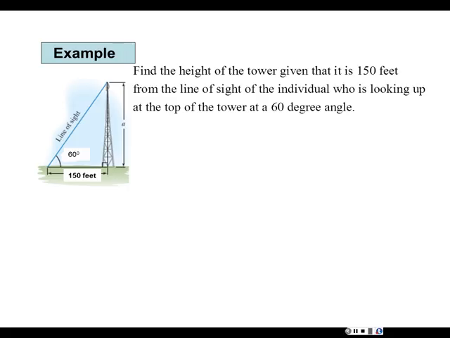So the cotangent is your adjacent over opposite. Cotangent 60, cot 60, is 1 over square root 3, and here the adjacent is 150, opposite is A. Now you solve it and still you have 150 square root 3, because that is still a relation between the opposite and adjacent.